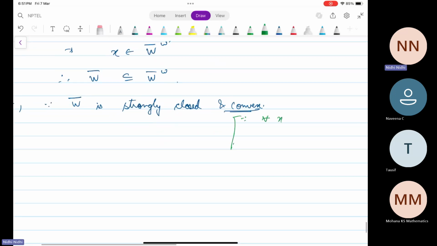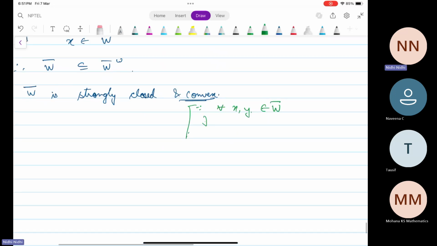Since for every x, y in the strong closure of W, there exist sequences x_n and y_n in W such that x_n converges strongly to x and y_n converges strongly to y.